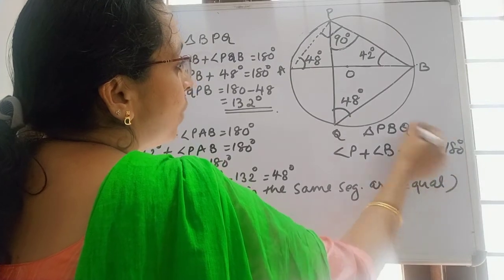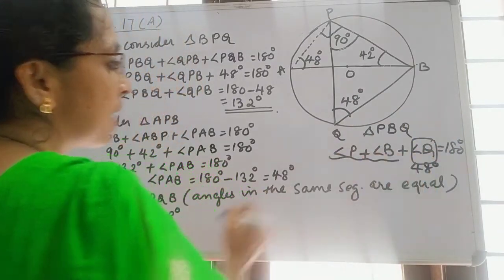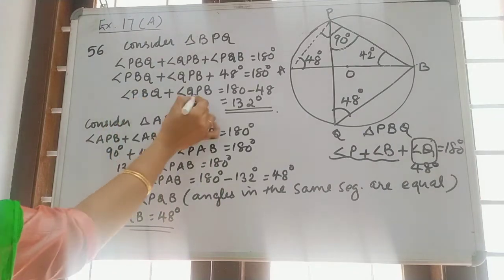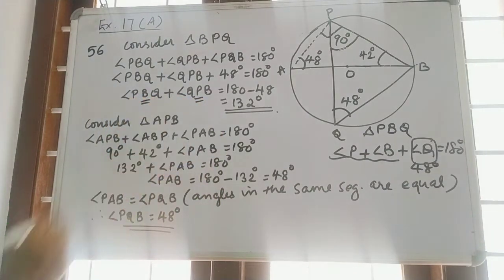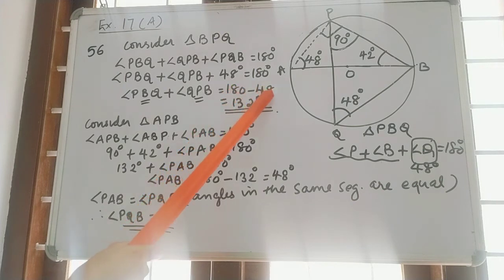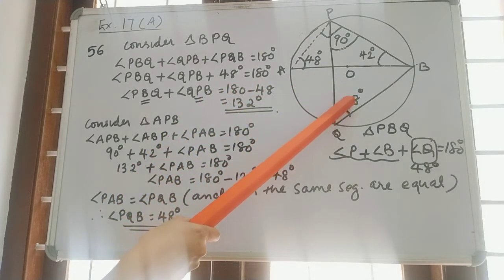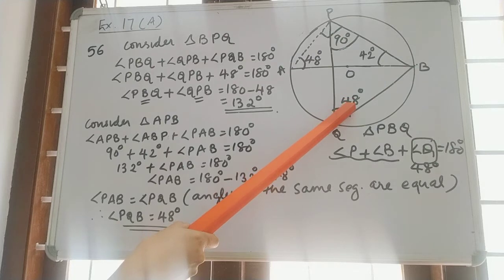We have this Q as 48 degree. We want to find the value of angle P plus angle B only. So angle P plus angle B will be 180 minus 48, which is equal to 132 degree. How you got this 48, understood now? Already we proved that PQB is 48 degree.